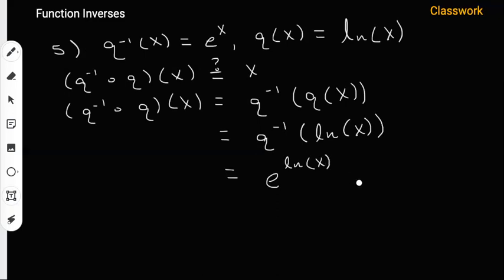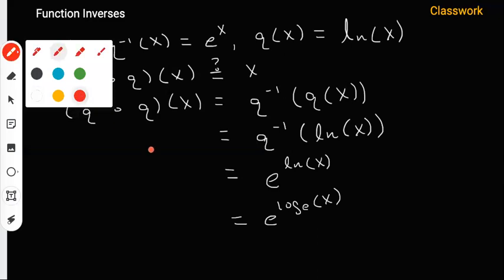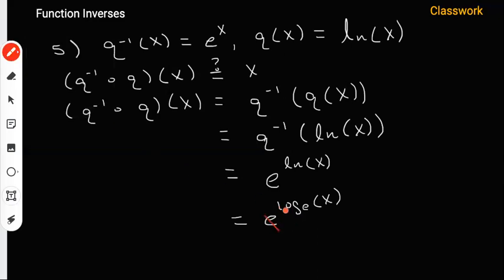Okay, so now I'm going to rewrite ln as log base e, right? They're the same thing. And now I have a situation where I have a base of e for my exponential expression, and I have a log base e, so they're going to cancel each other out.